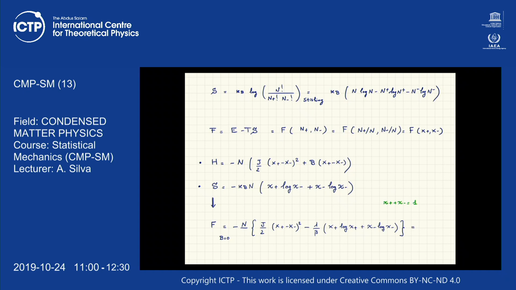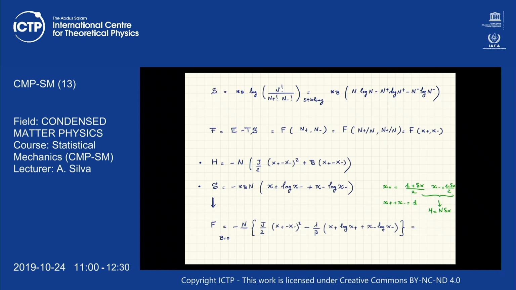Therefore, if I want to characterize the spontaneous magnetization that is generated in my system, which is x plus minus x minus, I can rewrite x plus as (1 plus delta x) divided by 2, x minus as (1 minus delta x) divided by 2, and I will have that my magnetization M is equal to N delta x.